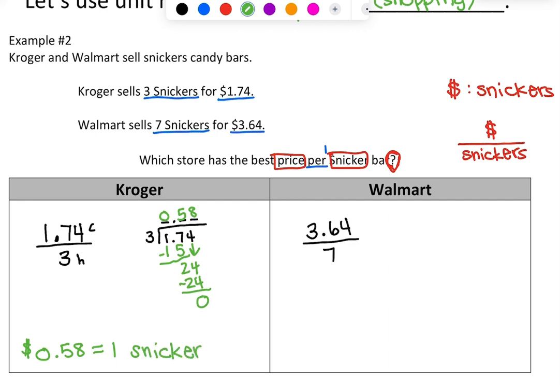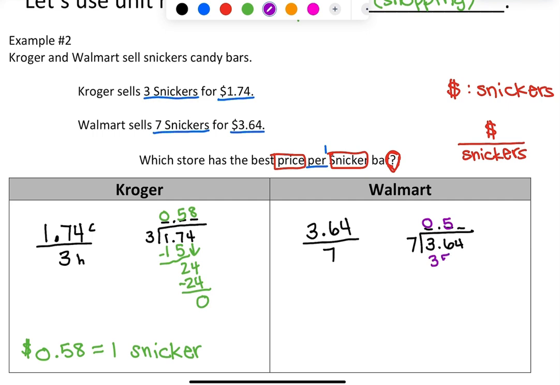So now I can go to Walmart and solve and see how much their Snickers are. So again, my 364 is going to go inside, 7 out, hat, dinner plates, and then I can divide. So 7 people cannot sit in 3 chairs. They can sit in 36 5 times.